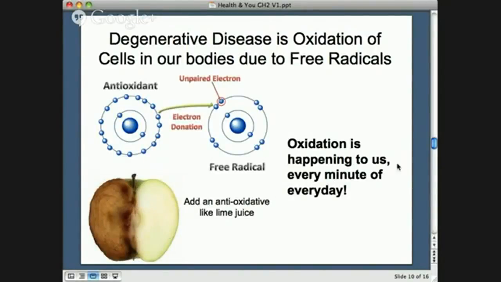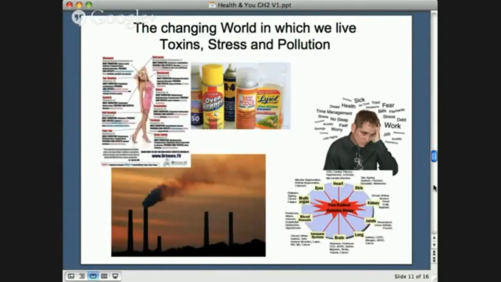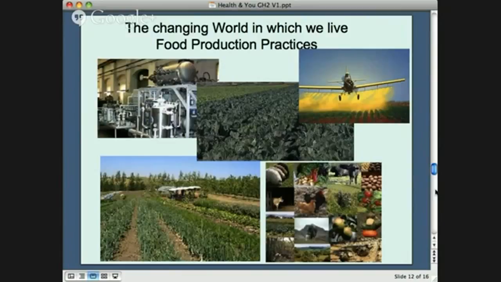So oxidization is happening to us every minute of every day. We live in a changing world. We've got toxins from chemicals that we put on our skin. We've got toxins coming from pollution. We've got stress and all of the things that affect our bodies. We've got a changing world in terms of food production. We've got chemicals. We've got no crop rotation.